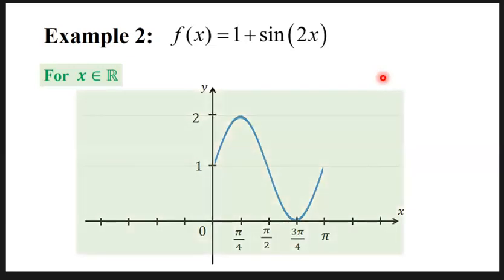To get the graph done completely, let us extend the x values towards the right and towards the left. Towards the right, we add the common difference pi over 4. Towards the left, we subtract pi over 4. So we add in the values accordingly.